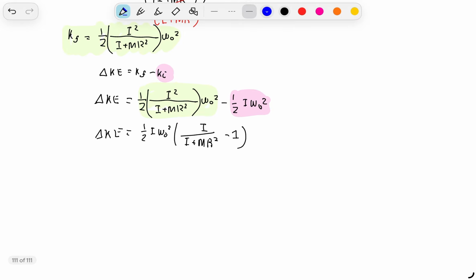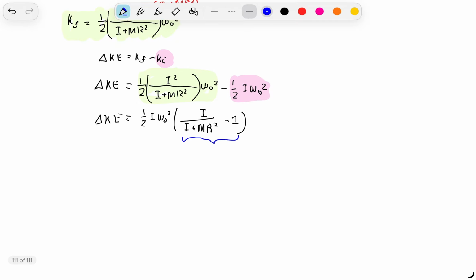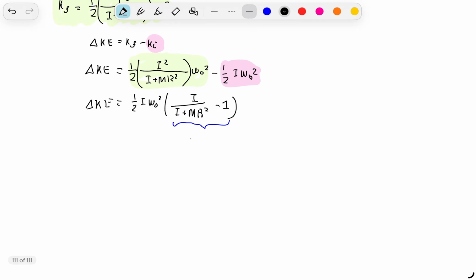For this really complicated fraction, we can just rewrite this as something over 1. So this would just be I minus (I plus m r squared) over I plus m r squared.